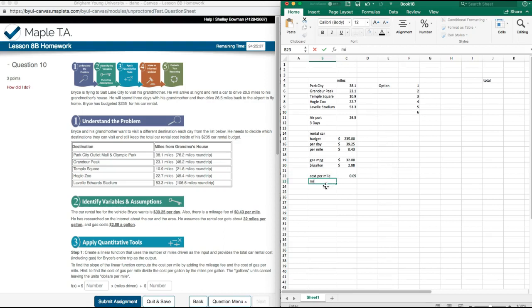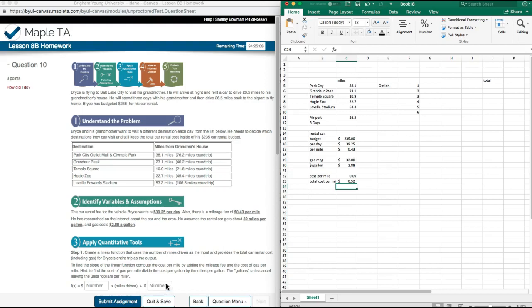So we can just do total cost per mile, which is going to be this plus this. And that gives me my 52 cents times however many miles I end up driving.